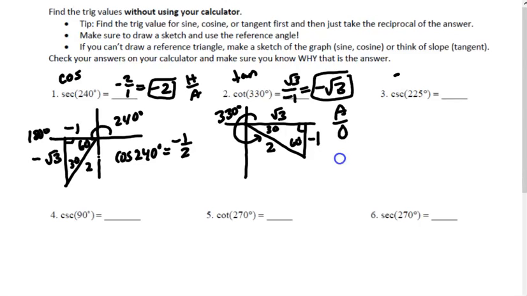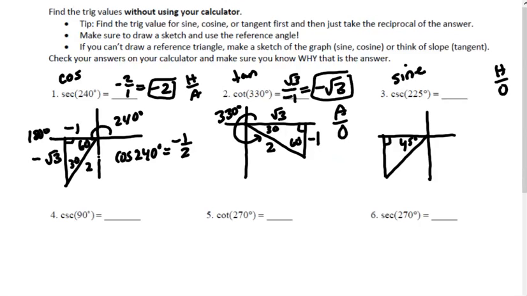Cosecant is the reciprocal of sine. So now I'm looking for hypotenuse over opposite for this particular one. So if I look, 225 is in quadrant 3. It's one of the angles that has a 45 degree reference angle because it's 45 degrees more than 180.